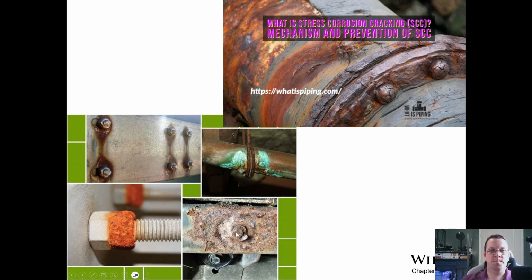Here, a fairly typical example. This looks like a part of a frame for a vehicle or something of that nature. So you have a pairing of different materials. You have a bolt of one grade of steel, probably uncoated, maybe a much higher carbon content, maybe more prone to corrosion.